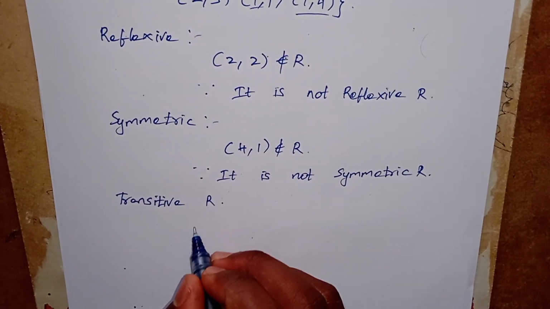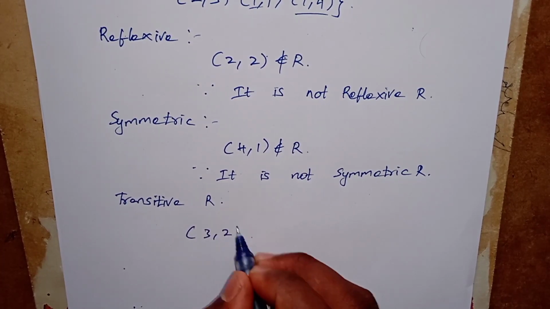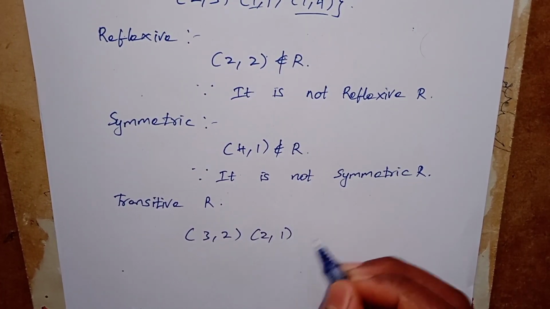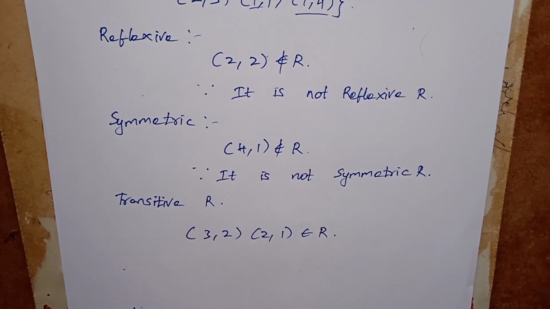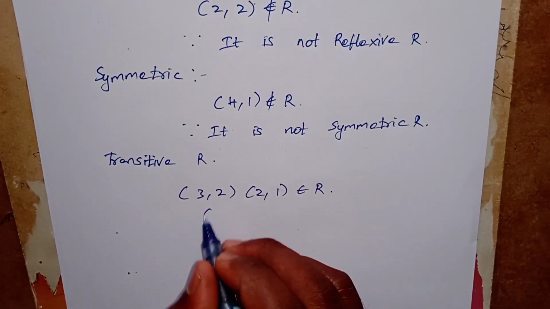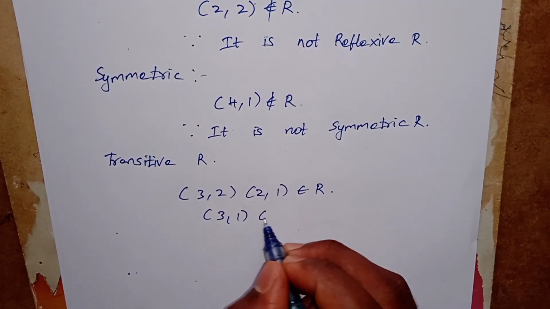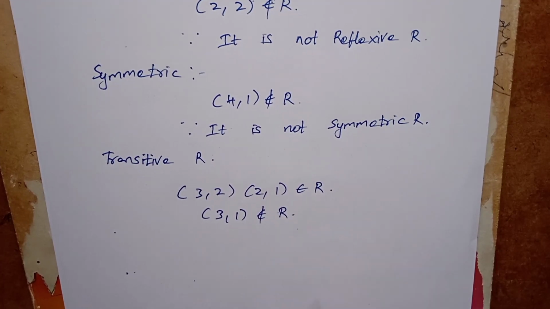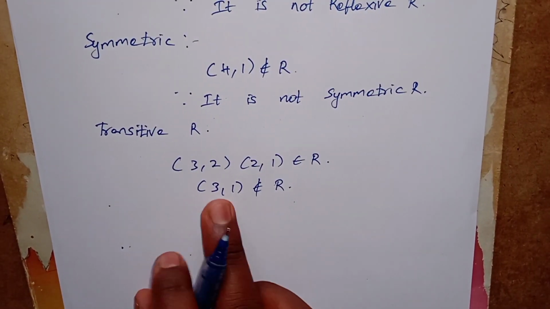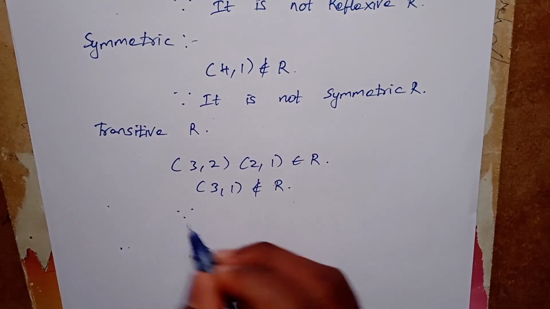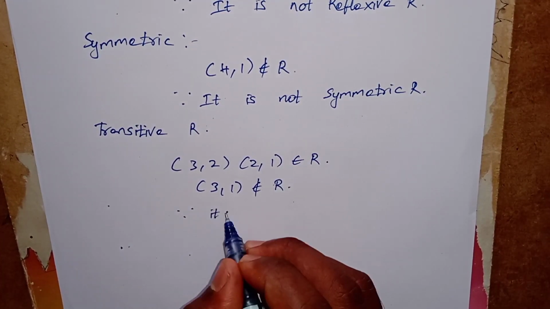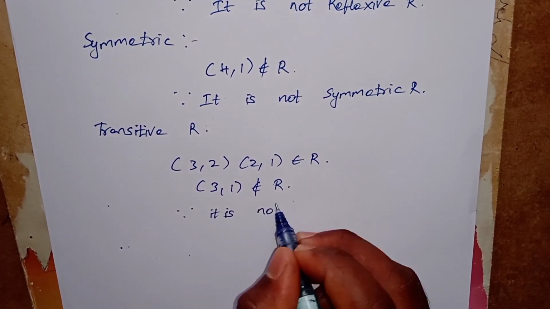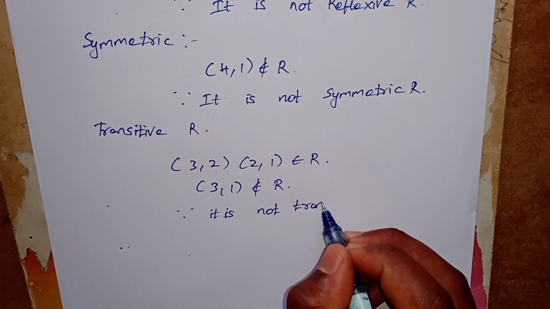Here 3, 2, 2, 1 belongs to R, but 3, 1 does not belong to R. Therefore, here one term is not satisfying. Therefore, it is not a transitive relation. Okay.